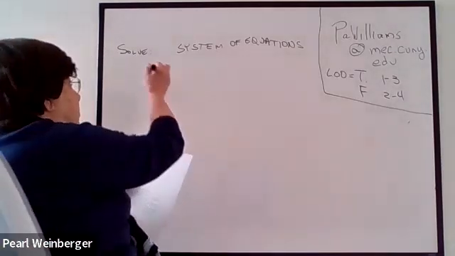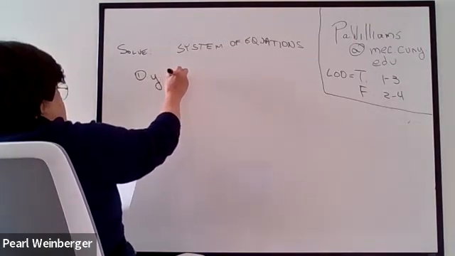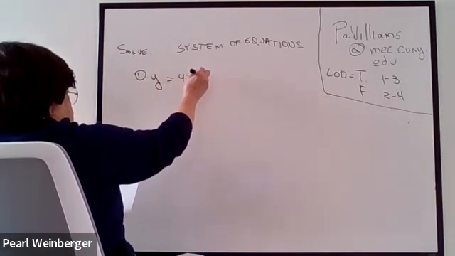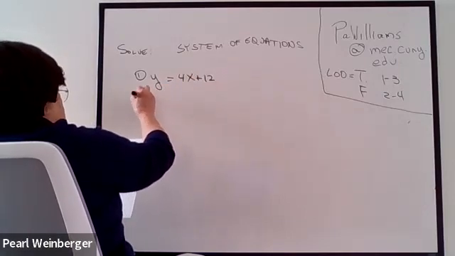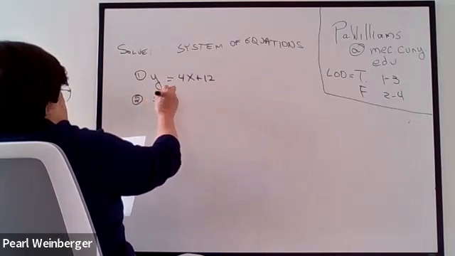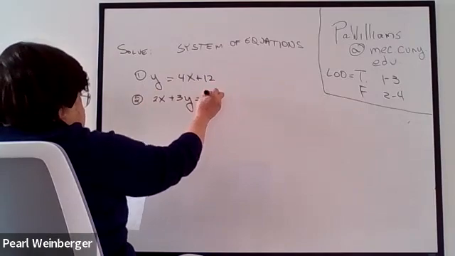Here's the problem. Our first equation is y equals 4x plus 12. And our second equation is 2x plus 3y equals negative 6.